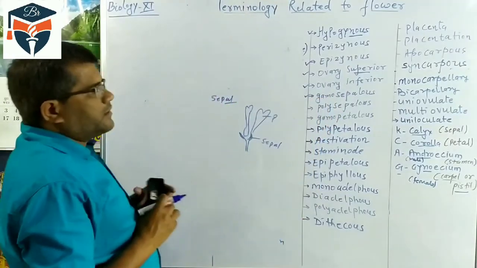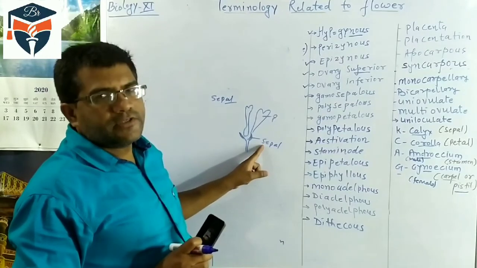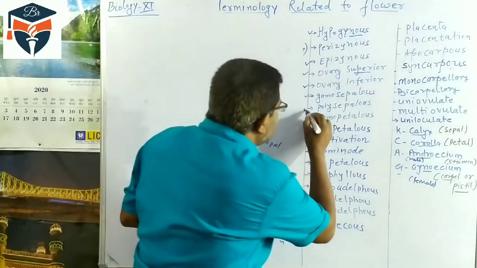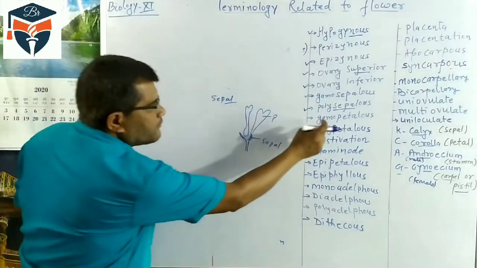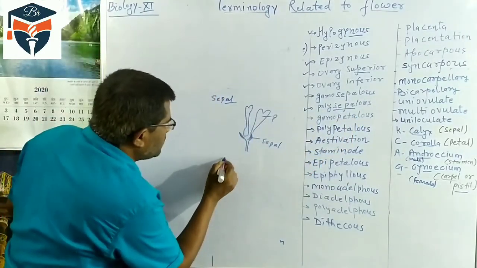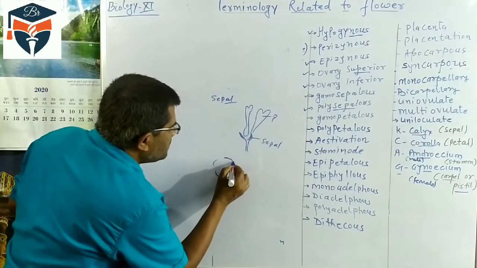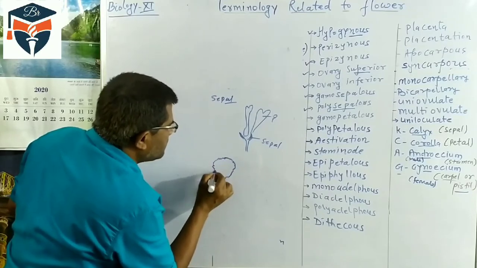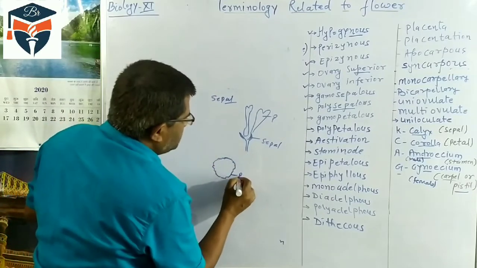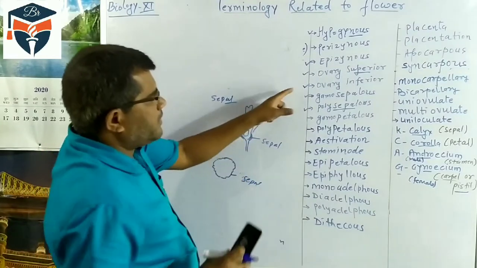gamosepalous. Gamosepalous means sepals are joined or fused. Polysepalous means sepals are free. Look here: sepal, sepal, sepal, sepal and sepal. If sepals are connected with each other, this condition is called gamosepalous.